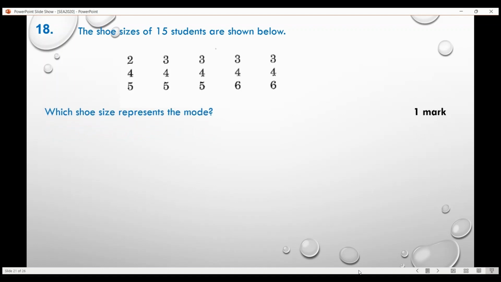Which shoe size represents the mode? Let's recall mode. That means the most. So when we look at the different shoe sizes, 2, 3, 4, 5, and 6, those 5 sizes, which one of those appears the most in class or is most frequent?